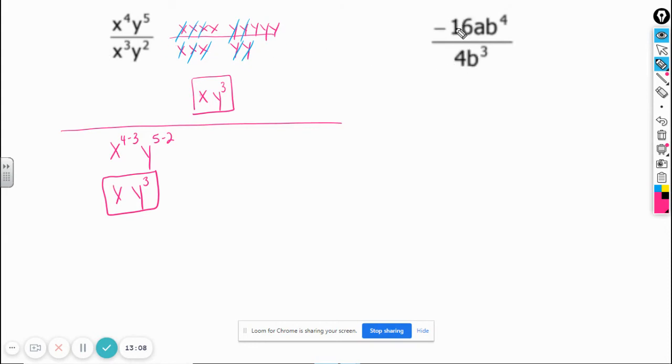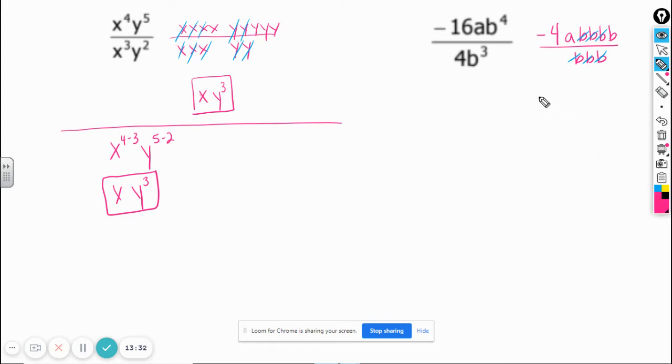Okay, deal with the numbers like you've always been dealing with numbers. Negative 16 divided by 4 is negative 4. Then I have 1 a and 4 b's over 3 b's. So let's cancel what I can. I don't have any a's down here, so I have to just leave the a. But 1 b, 1 b, 1 b, 1 b, 1 b, 1 b.